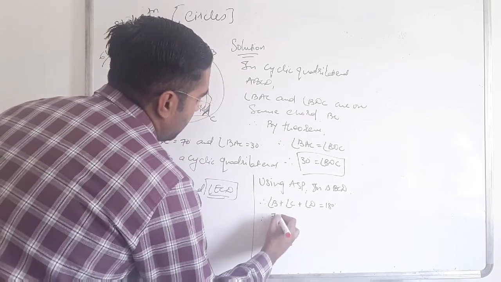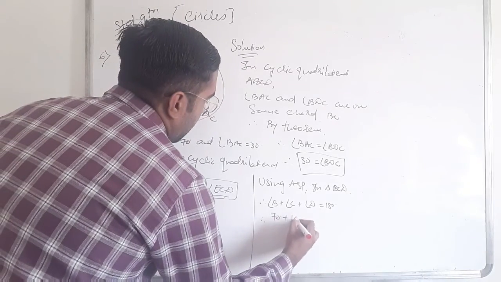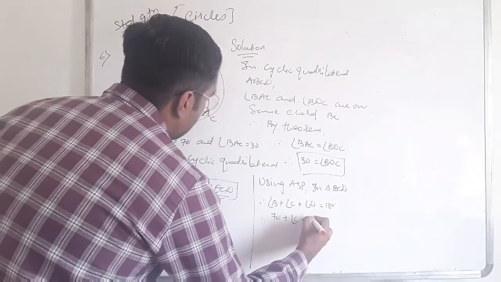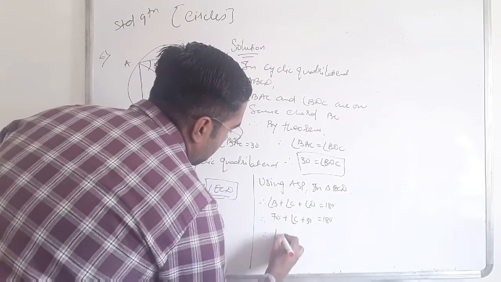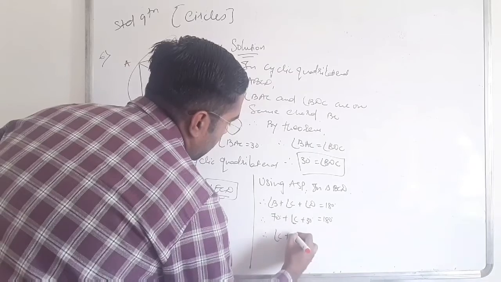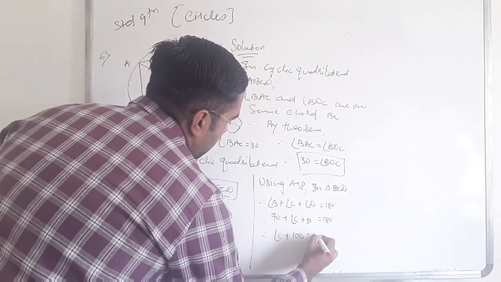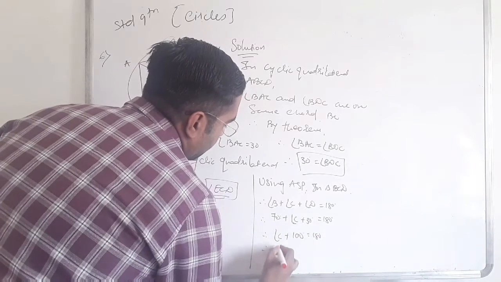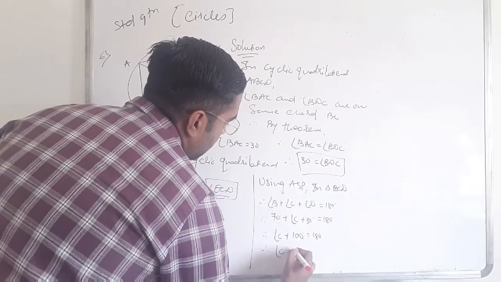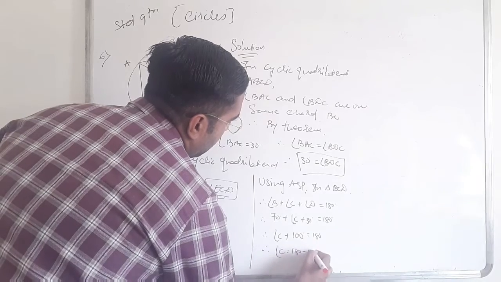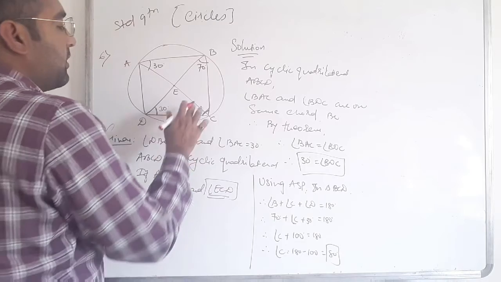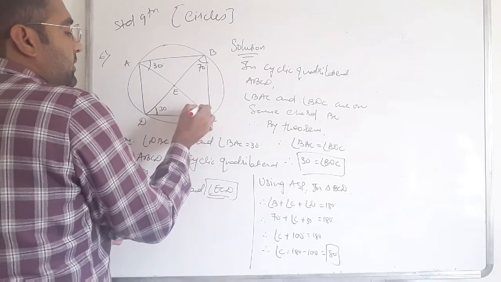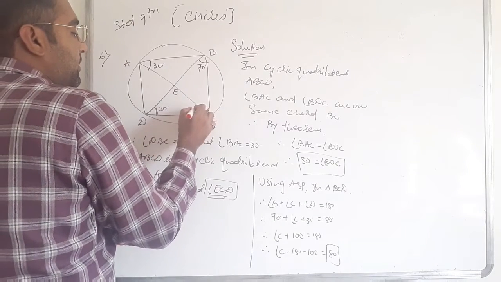Angle B is 70 degrees, angle C I need to find, and angle D is 30 degrees. So angle C plus 70 plus 30, that is 100, equals 180. So angle C equals 180 minus 100, that is 80 degrees. Here my whole angle is equal to 80 degrees.